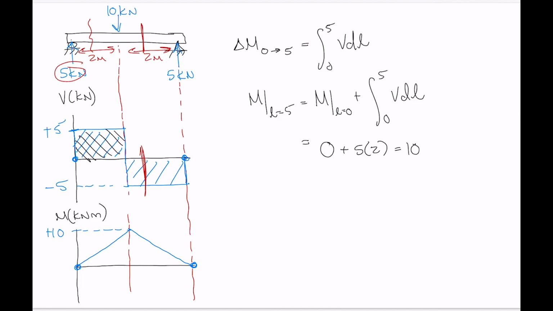There we go. So do we get back to 0? Well, the change between any 2 points, so 5 and 10, has to be equal to the area within the corresponding portion of the shear diagram, right? So that's -5 times 2, which is -10. -10 plus 10, yes, we do get back to 0, right? So everything works out there.